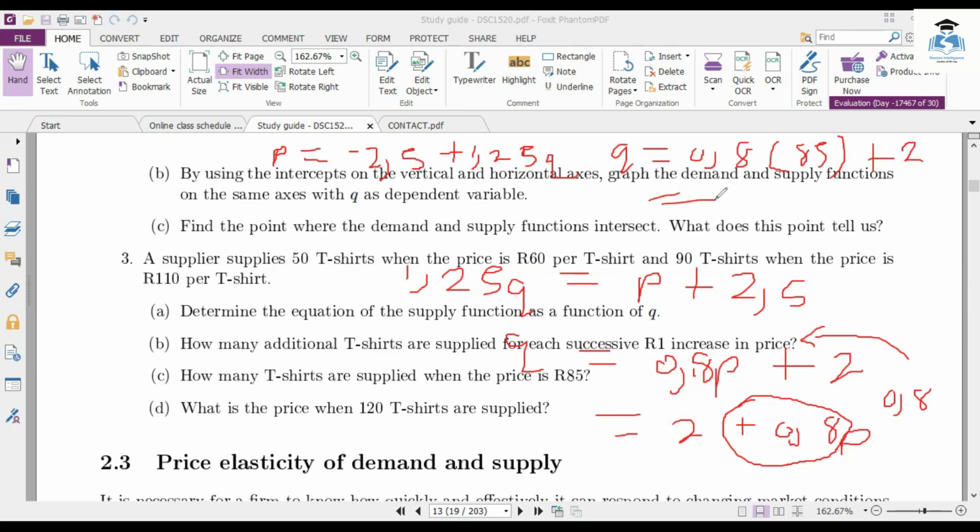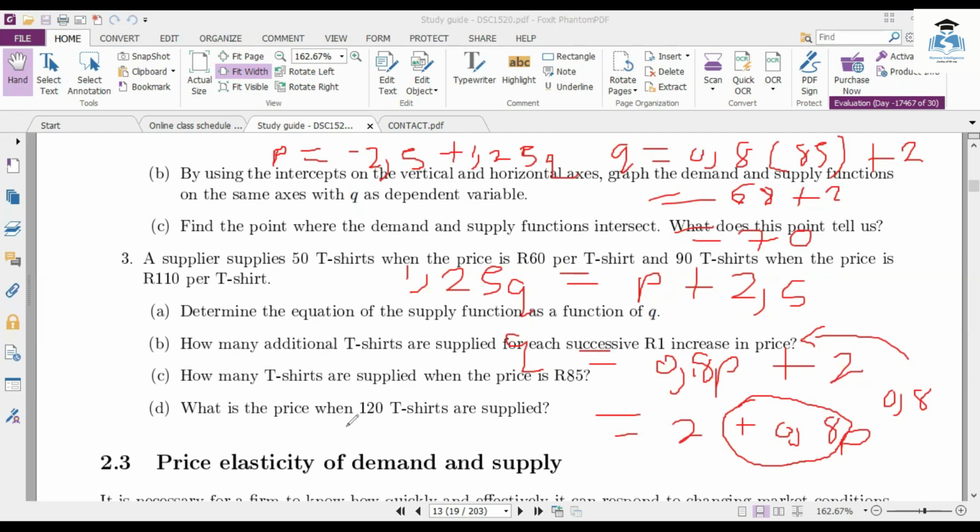What do we get? That's 68, plus 2. So they will produce 70 t-shirts.